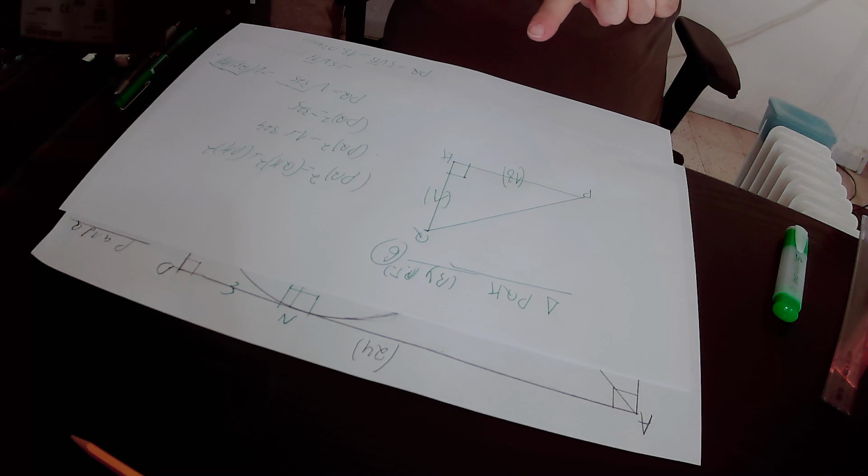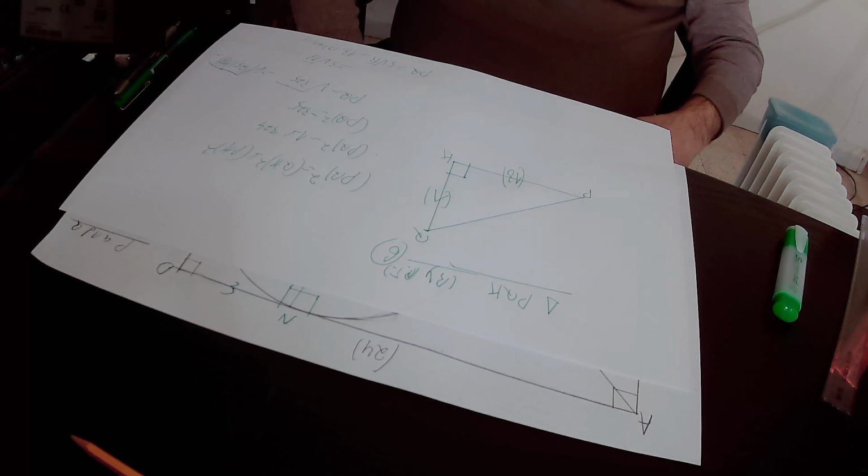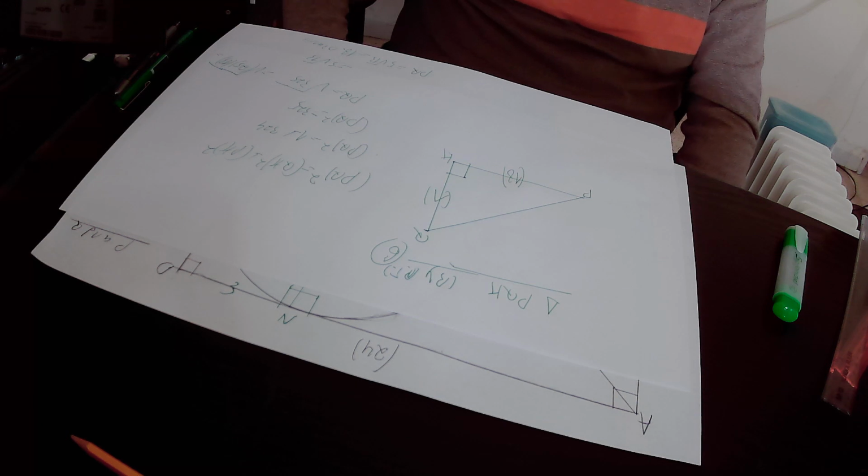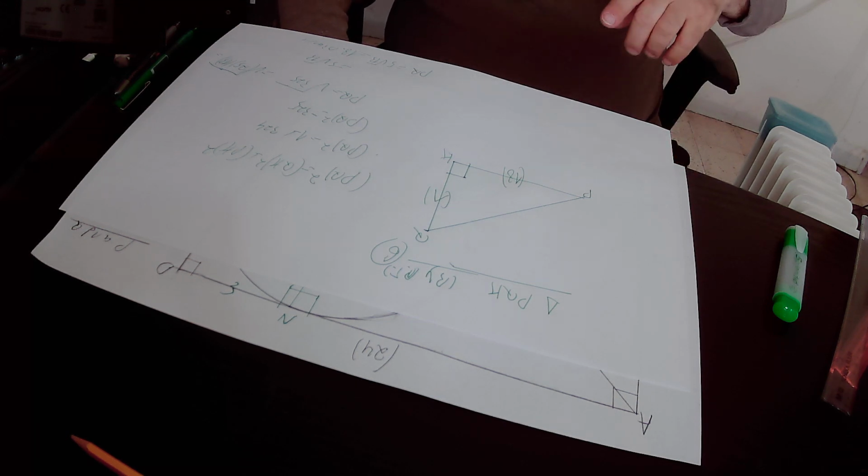KQ is 1, therefore KQ squared is 1 squared, that is 1, plus PK squared. PK is 18, therefore PK squared is 18 squared, that is 324. So in total PQ squared, that is the square of the hypotenuse, equals 324 plus 1, that is 325.